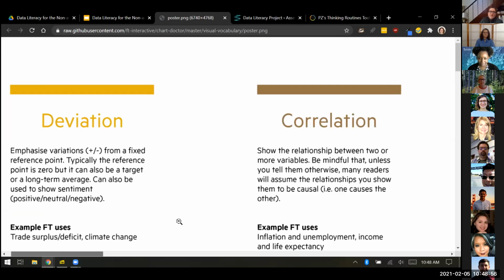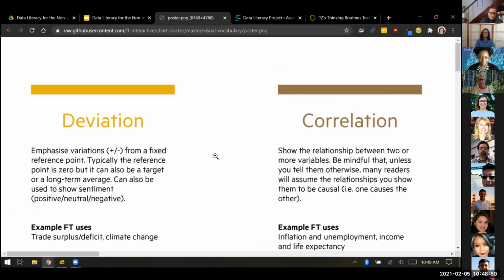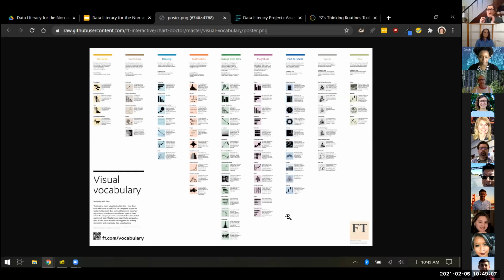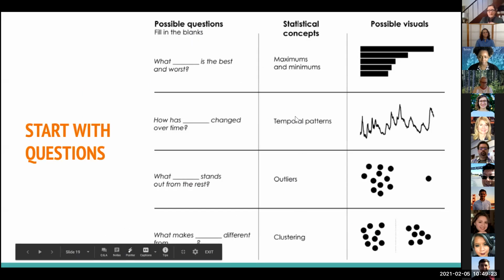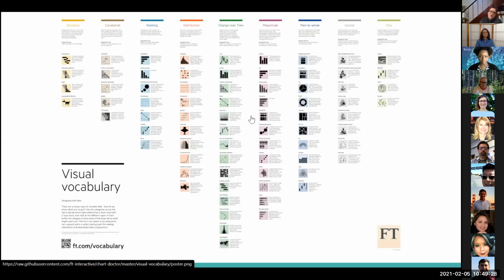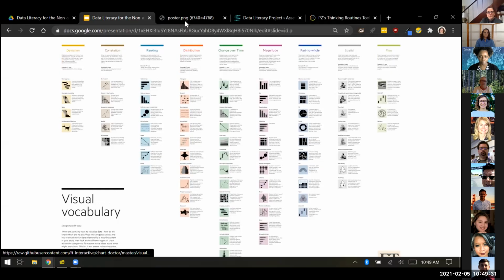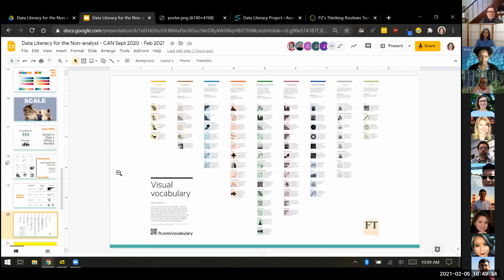But it's super helpful. This one approaches the idea of chart choosing from a different angle. It starts with the general idea of what concept you are trying to encode, so it's a step past what question you are asking. Going back to this slide, if this is where we're starting, this column of questions, this chart starts here in the middle with the concepts. It might be helpful to look at it visually and browse, go shopping.